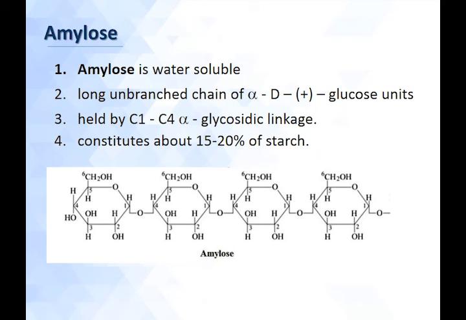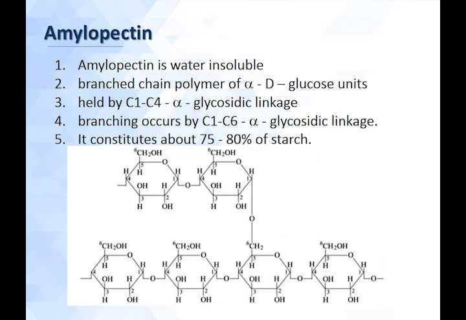Amylose. Amylose is water soluble, a long, unbranched chain of alpha-D-(+)-glucose units held by carbon-1, carbon-4 alpha glycosidic linkage. You call it the C1-C4 alpha glycosidic linkage. Constitutes about 15 to 20% of starch.